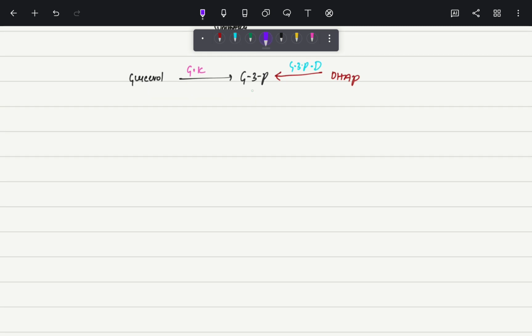Eventually, glycerol 3-phosphate needs to get converted into phosphatidate, and from phosphatidate we are going to synthesize diacylglycerol, and from diacylglycerol we are going to synthesize triacylglycerol.